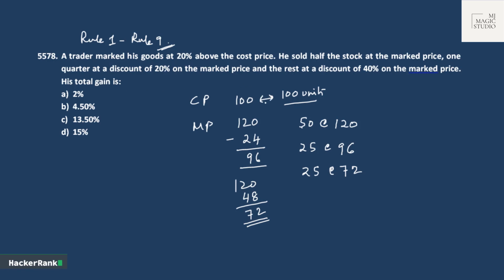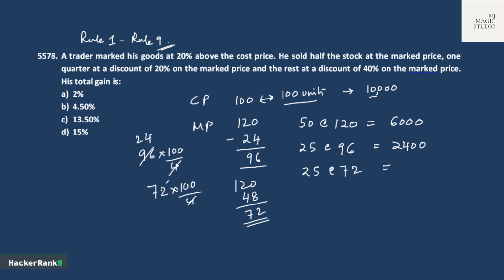What is his total gain? His cost of production is 100 into 100. That is 10,000. How much is he getting? 50 into 120 is 6,000 here. Then 96 into 25, that would be 2400, and 72 into 25 would be 1800.